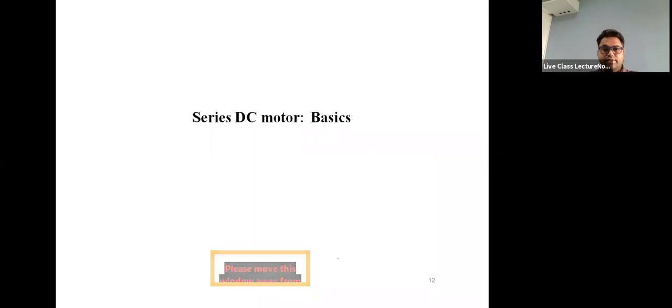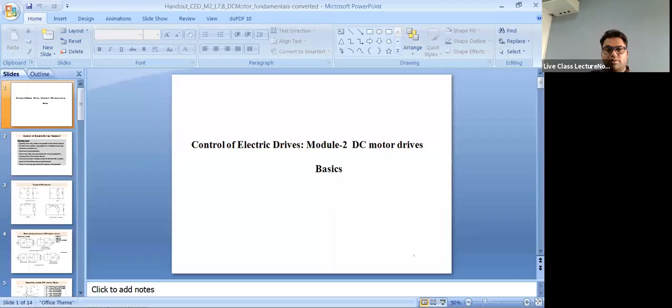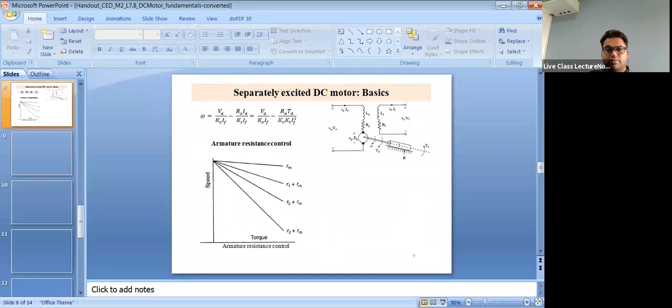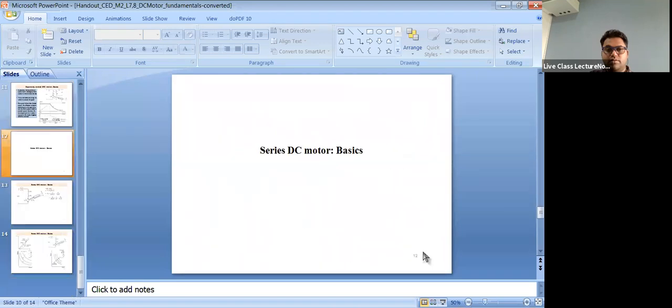Then we come to the series DC motor. Can you tell me an application of a series DC motor? Is it visible again? Yeah.